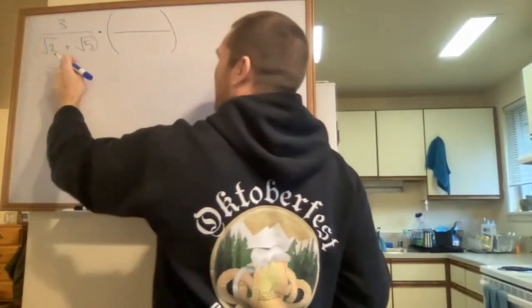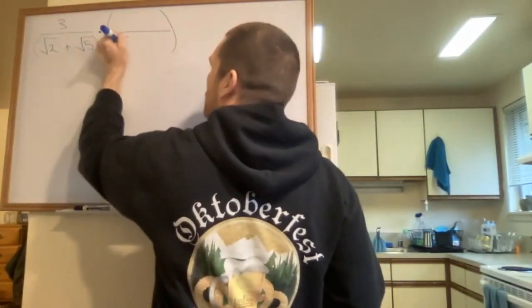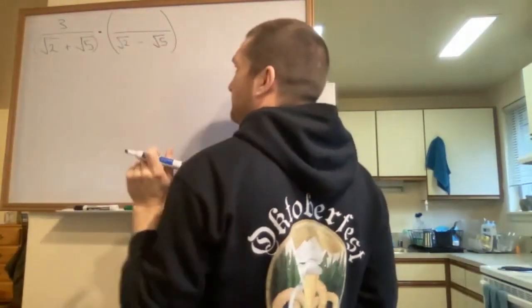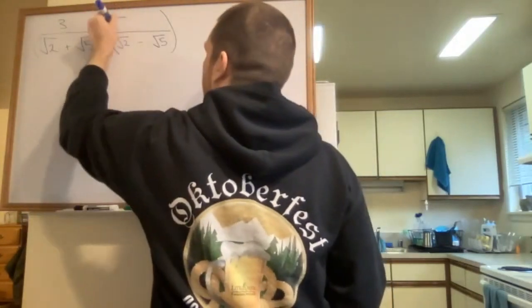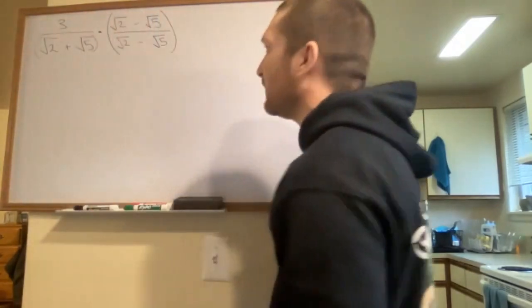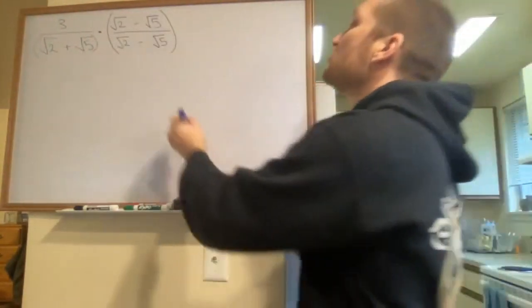What's the conjugate of that? Root 2 minus root 5. And it has to go on the top, the exact same thing. Otherwise, we've just changed this number. But right now, we just took the original number times 1. Good to go. That's still the same number.